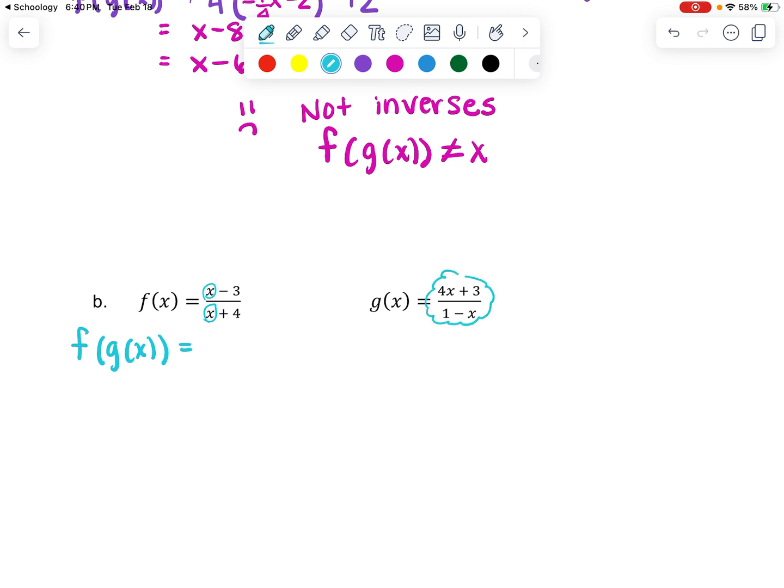So right here, I'm going to have (4x + 3)/(1 - x) minus 3, over (4x + 3)/(1 - x), and I have plus 4.